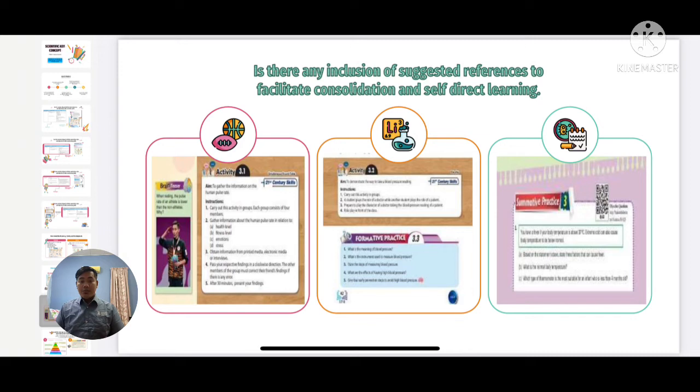So, in small conclusion, there is suggested reference to facilitate consolidation and self-directed learning for the students when they are alone, and all activities can be done individually or in a group. Students can ask the teacher if they don't understand the questions that have been given in the textbook.